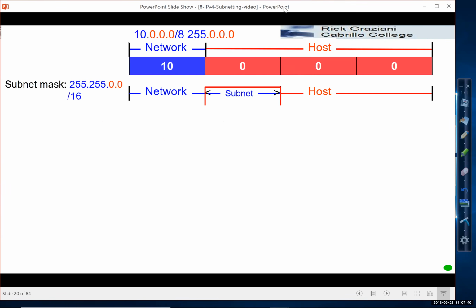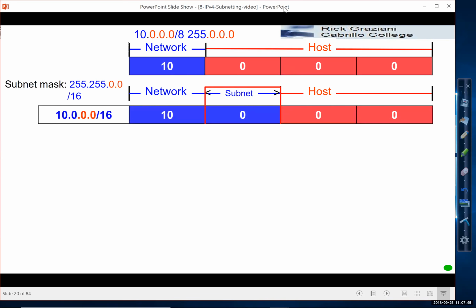Let's take a look. ISPA can now use that second octet, the next 8 bits, which is now part of the overall network because it extended its mask from /8 to /16. So now our network address includes those second 8 bits.